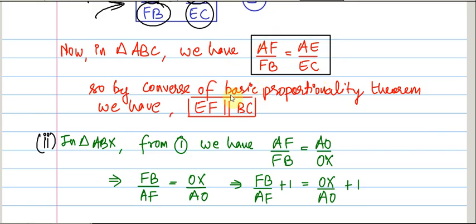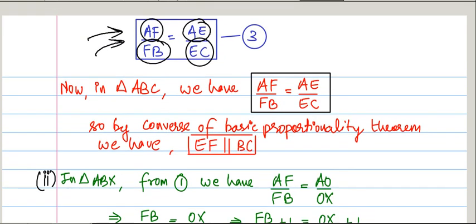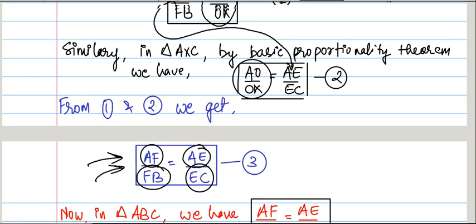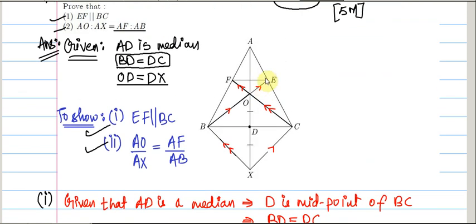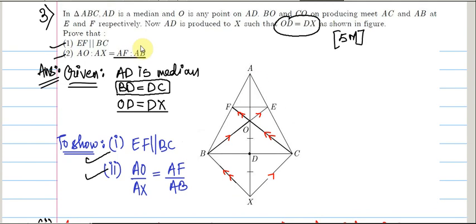This time we are going to use the converse of BPT. So by using the converse of the basic proportionality theorem, EF is parallel to BC. You can see in the diagram, EF is parallel to BC. This is what we want in sub-question 1.